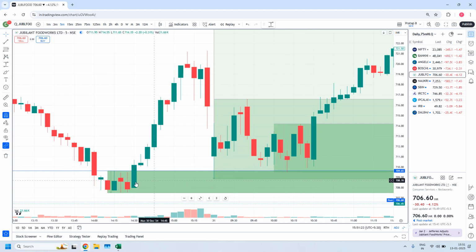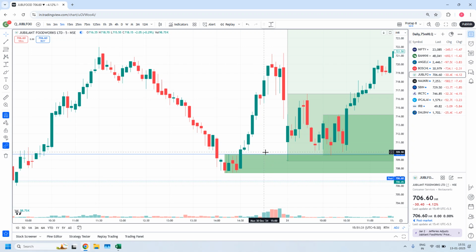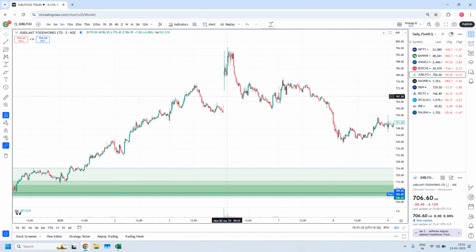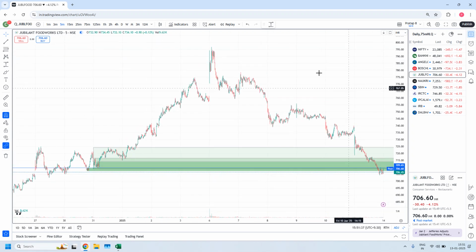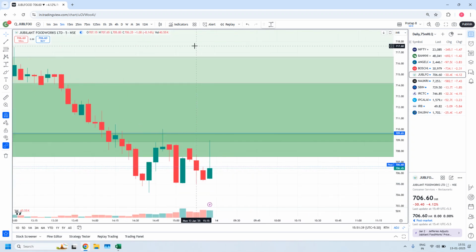That's why we looked for this drop-base-rally, the lower time frame zone as a horizon to the higher time frame zone. Here you take, and this is the one stopped out today. Slowly consumed, because today supply is so strong.